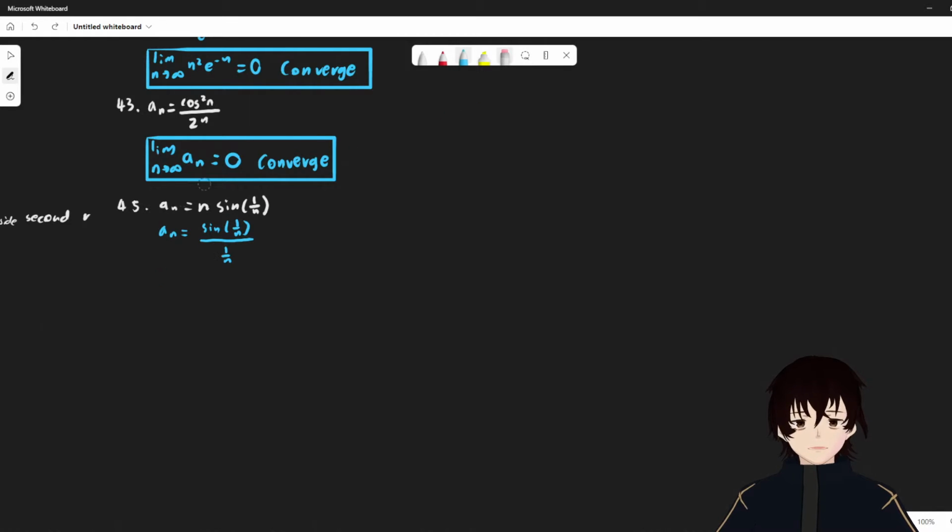Limits. Let's do it this way. The limit as n approaches infinity of this is equal to sine of 0 over 1 over infinity. It's 0 over 0, and then we can L'Hopital.